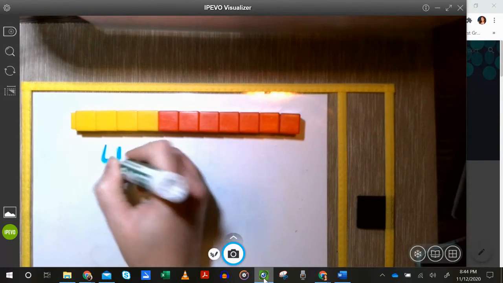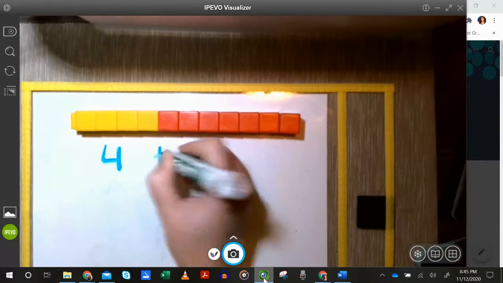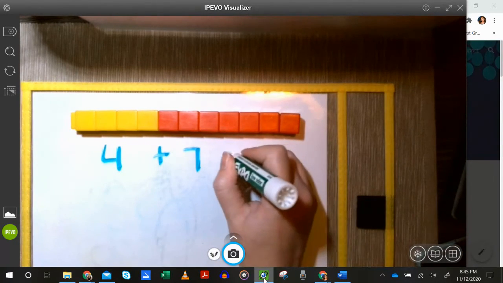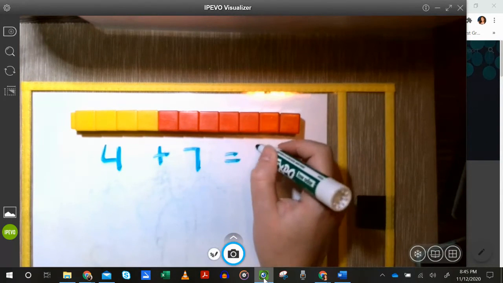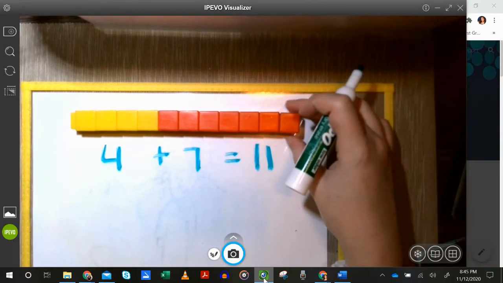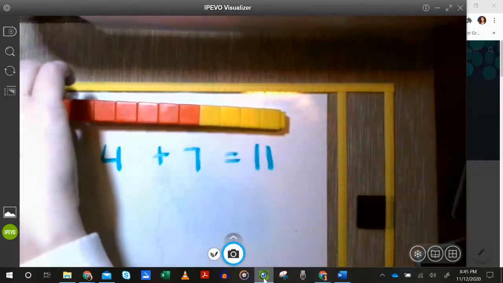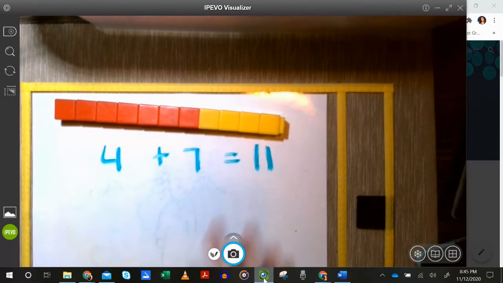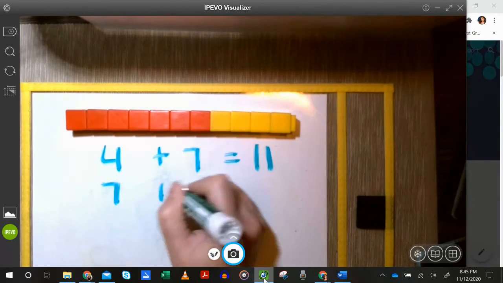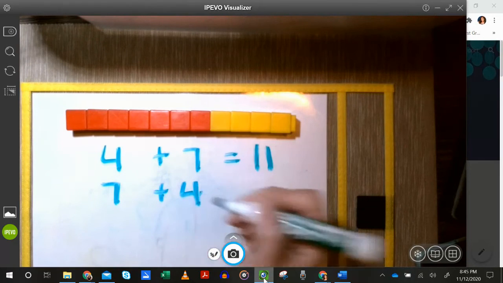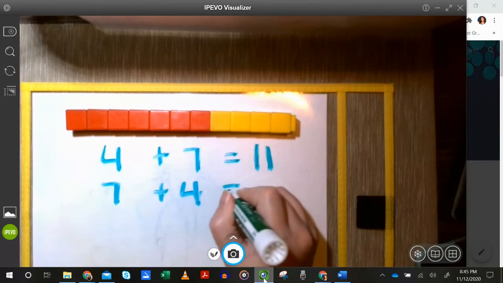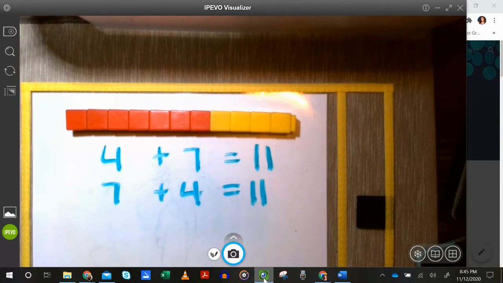I see 4 plus 7, and all together it's 11. What happens if I flip it? I see 7 plus 4, but did my whole change? No, it's still 11.